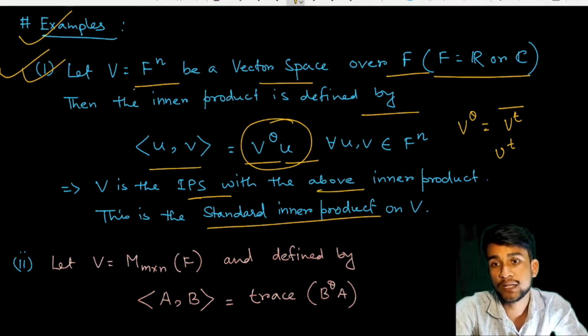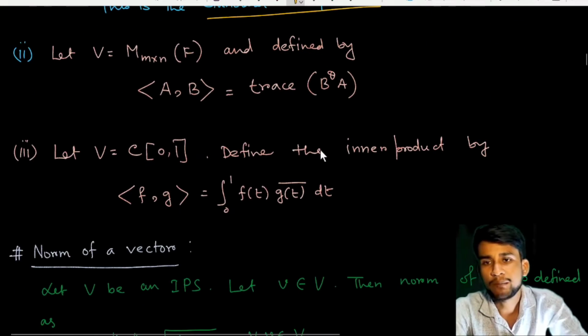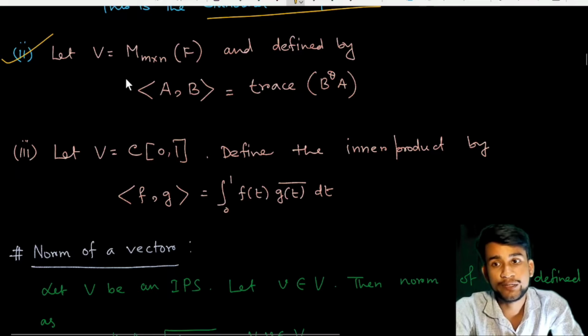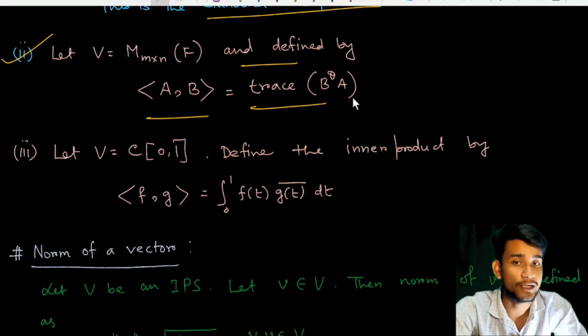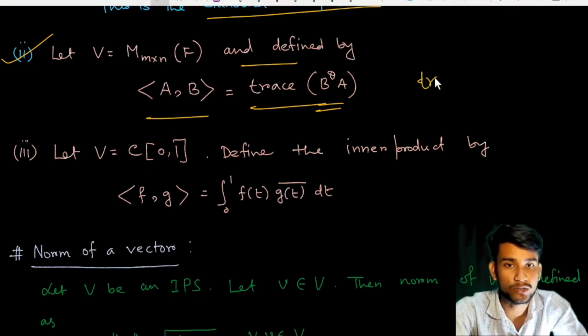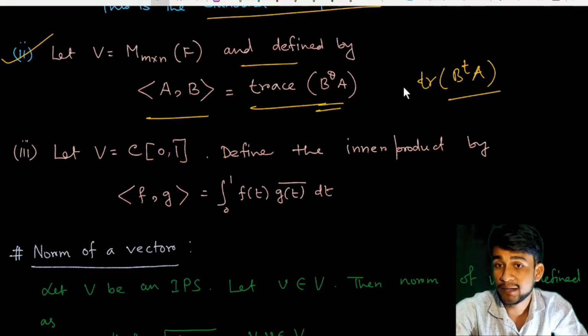Example two: in the matrix space, the inner product is defined by the inner product of A and B equals trace of B dagger A. This is the general case in the complex space. In the real space this is simply trace of B transpose A. This is the matrix inner product.